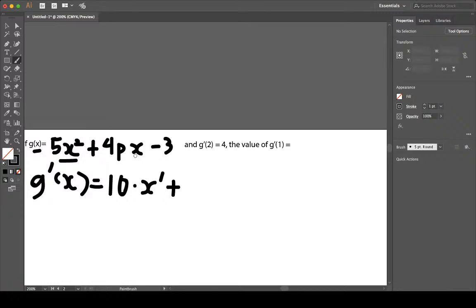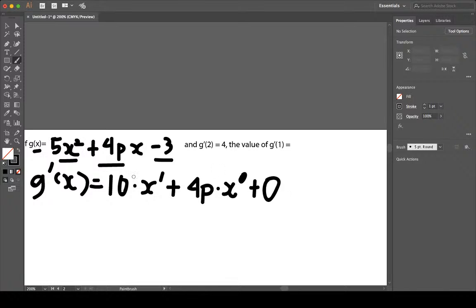And you're asked to find what p is. That's the first question, and the second question is to find the derivative at 1. So when we do this, that's 4p times x to the power of 0, which is 1 in this case, and then we add 0, which is the derivative of the constant at the back here.